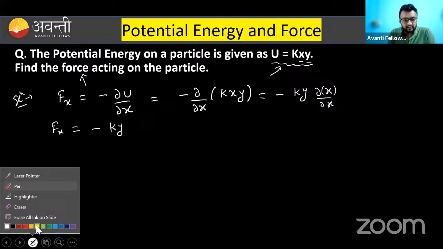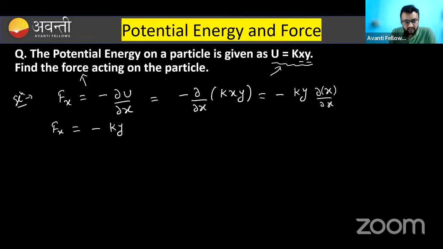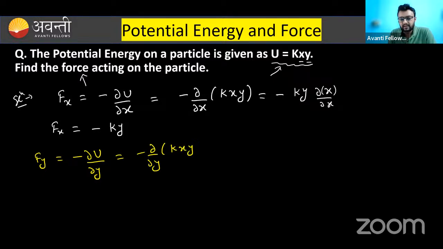Again, if I write force in the y direction, you will write it as negative of del U over del y. I will again put the value, del over del y of U, which is kxy. Can anyone answer which terms are going to be constant this time? We are differentiating with respect to y, so k and x both are constant.